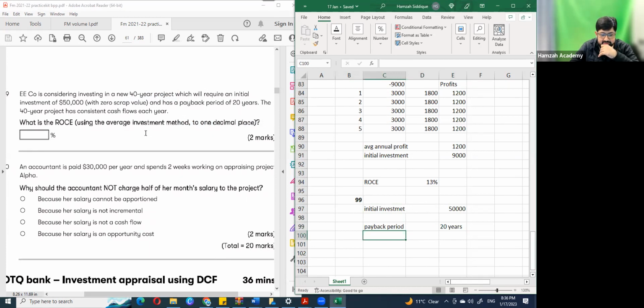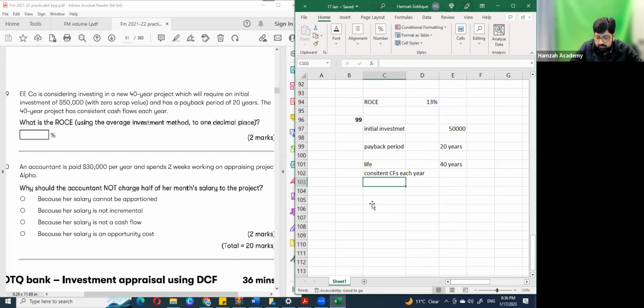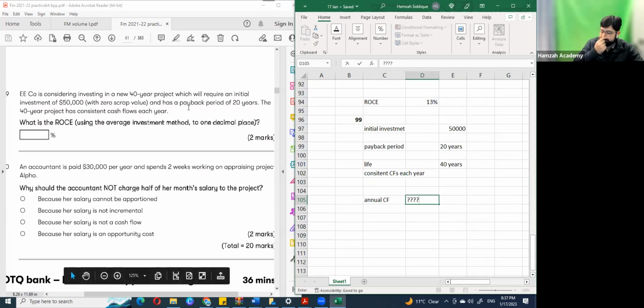They say 40-year life, consistent cash flow each year. My question to you is, what will be the annual cash flow? Think and tell me. It is a matter of your common sense. It is a test of your basic intelligence.